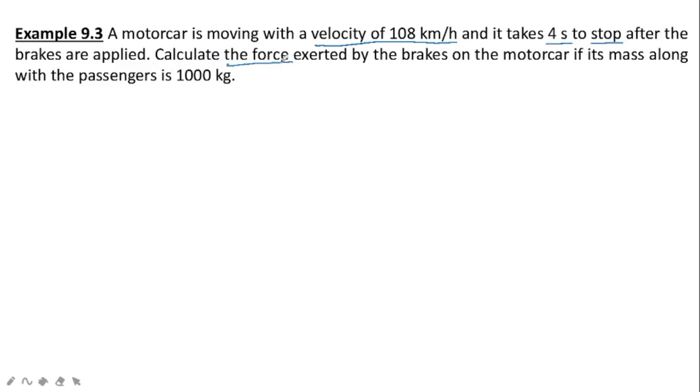Calculate the force exerted by the brakes on the motor car if its mass along with the passengers is 1000 kg. So this is our given data. So now we will write it separately as given data.